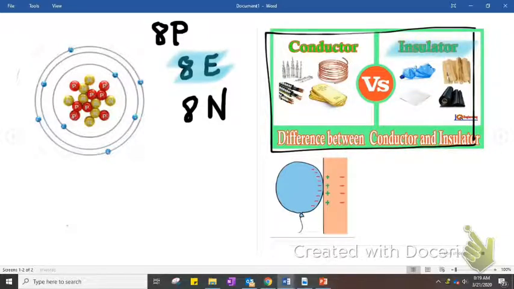Insulators do not allow for an electric current. Conductors, however, do. Metals, water, those are good conductors of electricity. They allow an electric current to flow. They allow their electrons to flow so their electrons move freely. Okay, that's the difference between a conductor and an insulator.